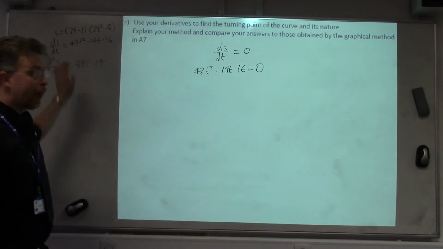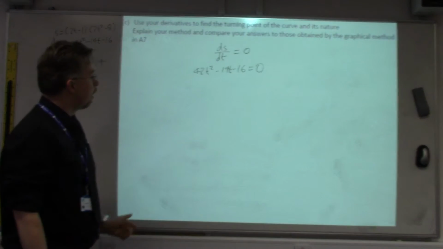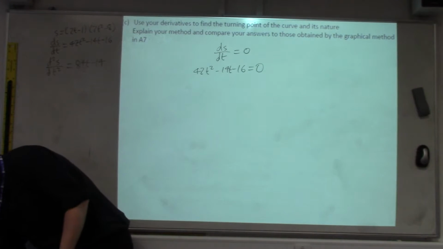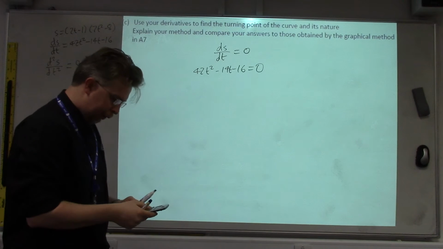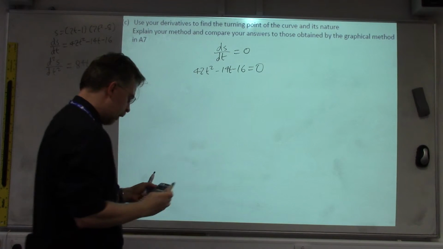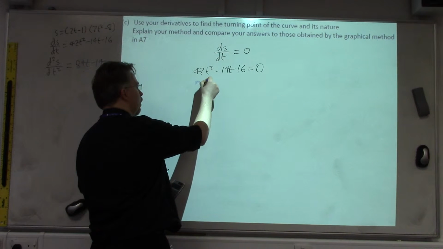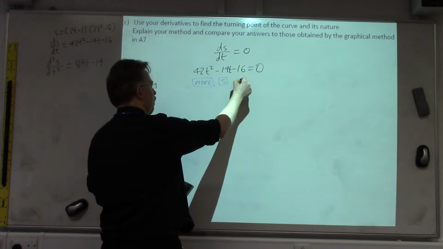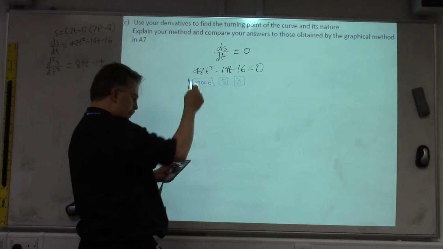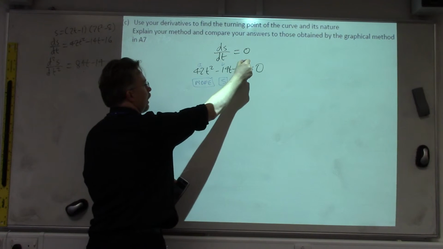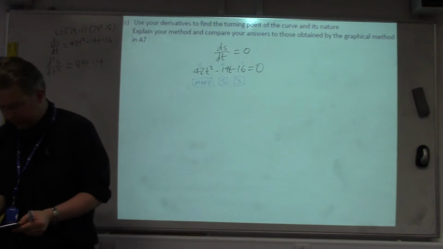That's what our ds by dt is from part A. We need to solve that. We can use the silver calculators. So if we do mode 5, 3, now the A, B and C in the column relate to the 42, the minus 14 and the minus 16.